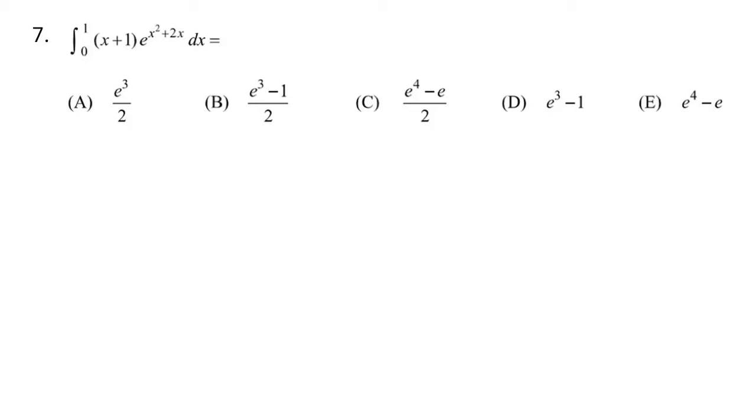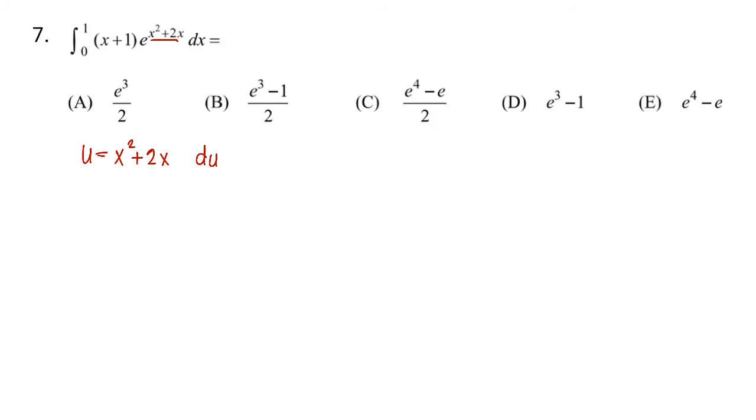All right, number 7. Number 7, we're going to have some u substitution and adjust some endpoints here to make life easy for us. So with our u substitution, notice that if we take the derivative of x squared plus 2x, let's go ahead and just write it down here. u equals x squared plus 2x.